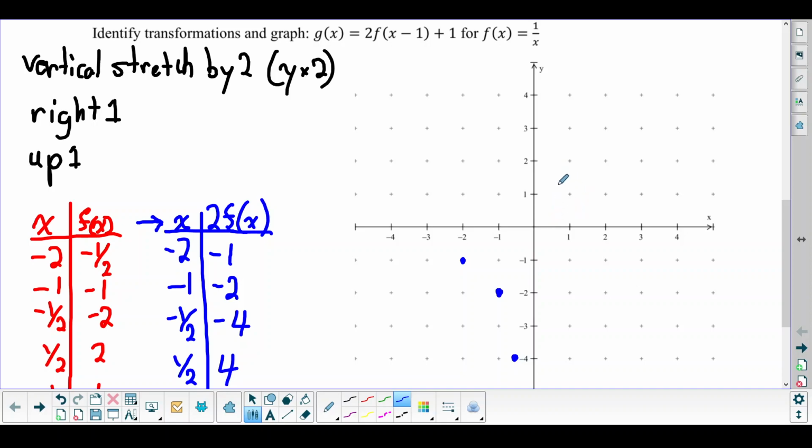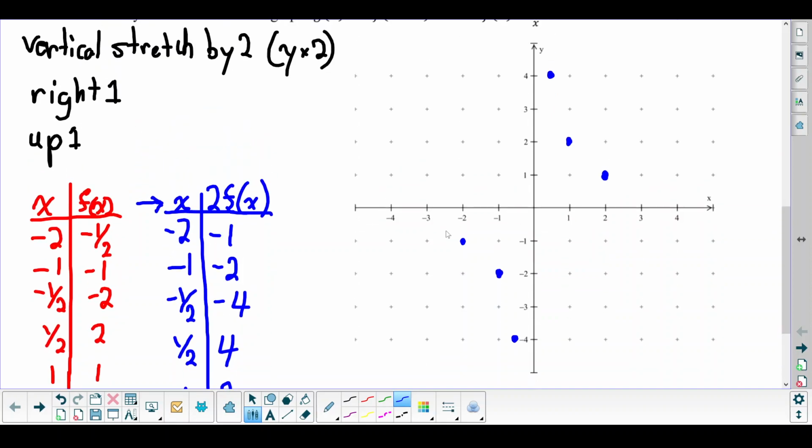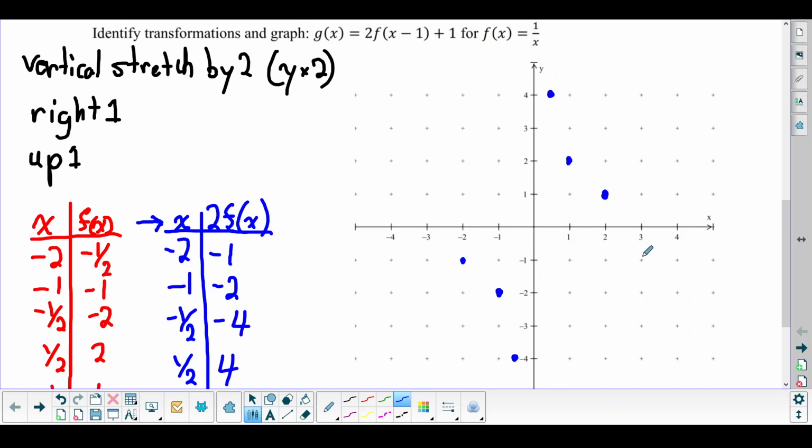And then we have 1/2, 4. 1, 2. And 2, 1, I believe. Let me double check those. Looks good. Okay, so our curve doesn't look as symmetrical anymore, but the curve should still be symmetrical.